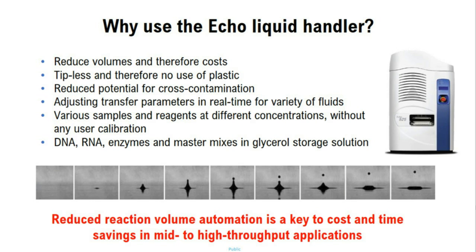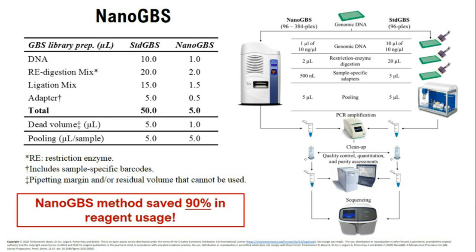So using Eco technology, we tried to develop the NanoGBS protocol. As you can see in the table at the left, you can see the volumes for the StdGBS approach, and then for the NanoGBS, we tried to reduce the volumes by tenfold.